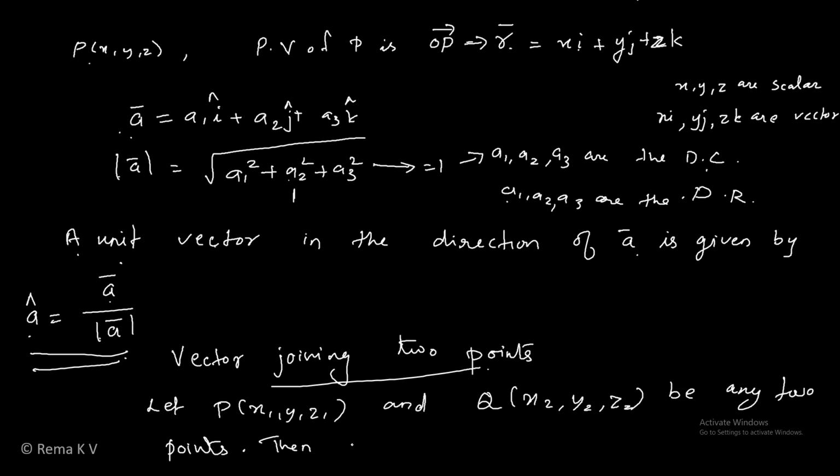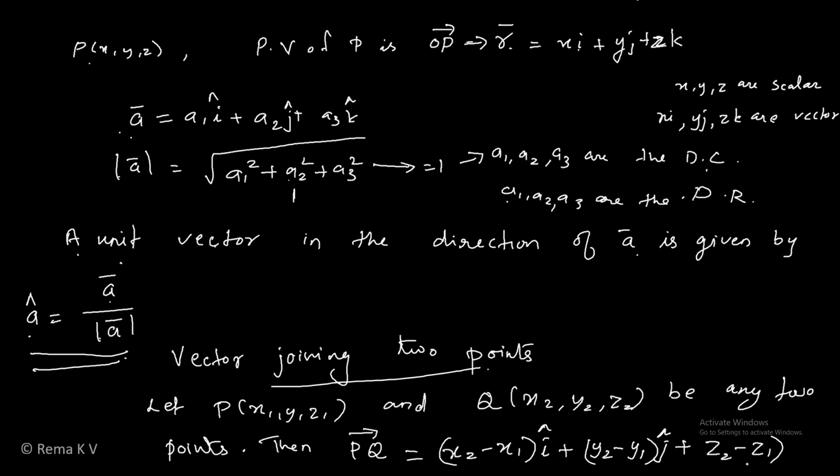Then vector PQ is given by (x2 minus x1)i plus (y2 minus y1)j plus (z2 minus z1)k.